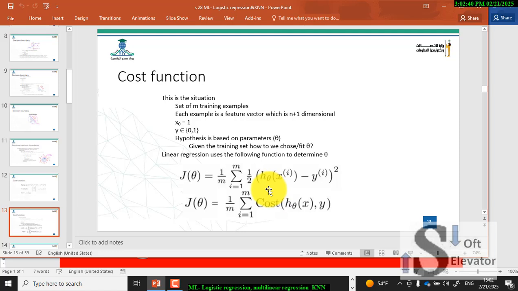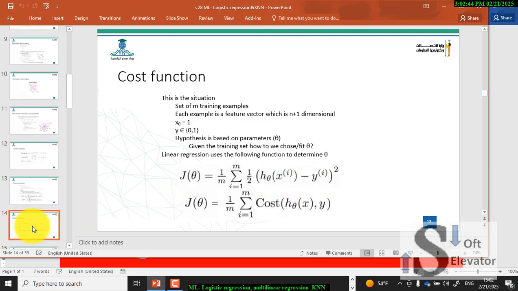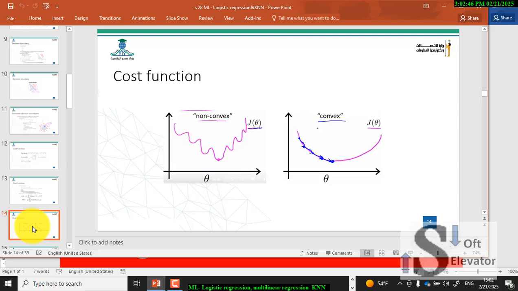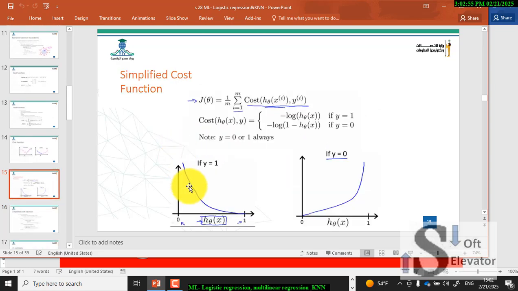Here we have this convex, while this is not convex, and when we get this error, this is the summation of the cost.